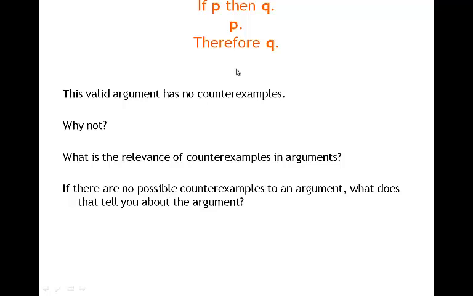One of the marks of validity is that there are no counterexamples, meaning this Q must follow. There's no way that not Q could follow from these two premises. We will study the relevance of counterexamples in arguments later on. But basically at this point, if there are no possible counterexamples to an argument, we know that the argument is valid.